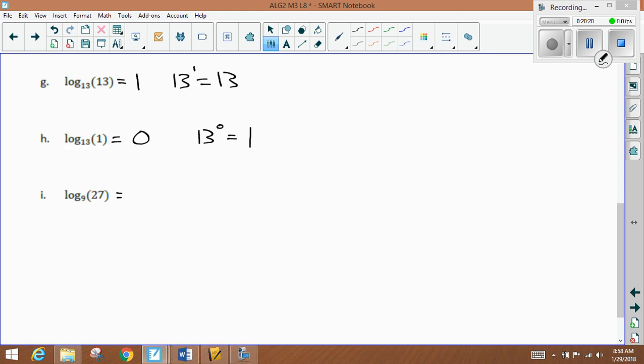What about the square root of 9 cubed? I know, that's crazy, right? The square root of 9 cubed. That works, right? How would we write that?